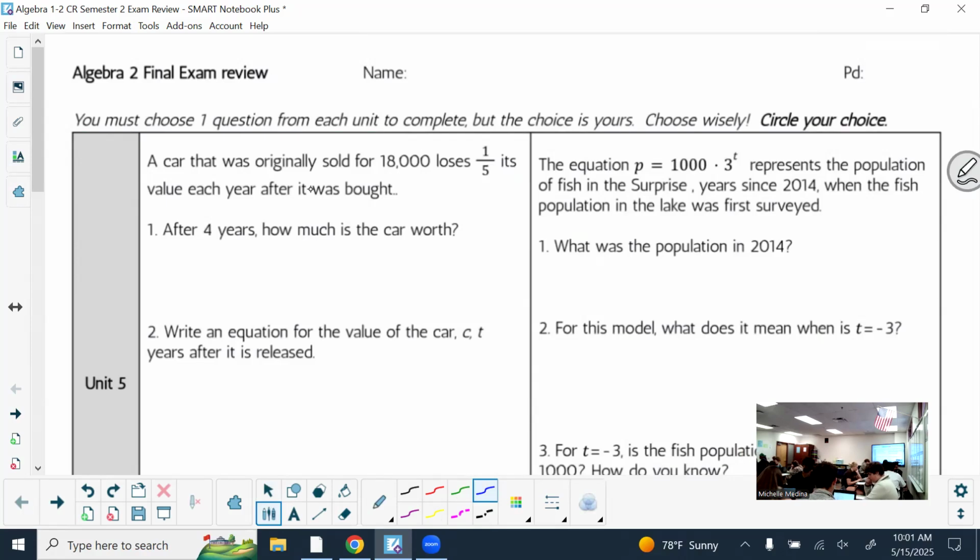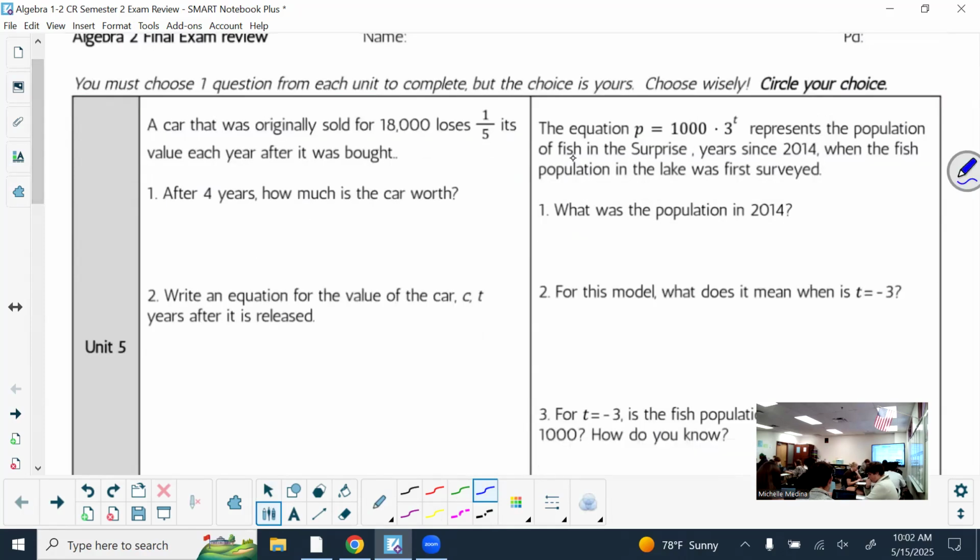So anyway, Unit 5, the first one was the one asked about. What was Unit 5 about? Even from reading these questions, what type of function is described? There's three major functions in ninth grade.